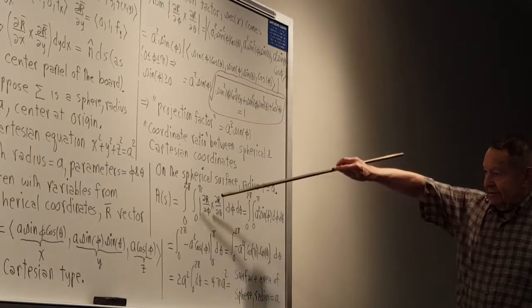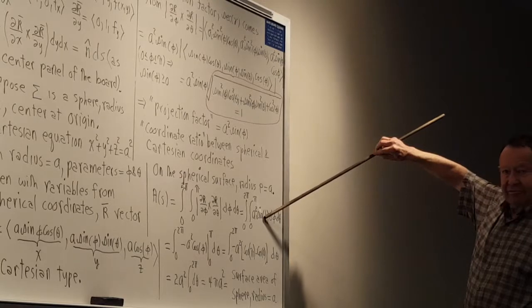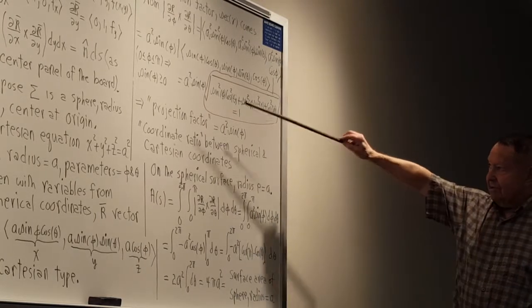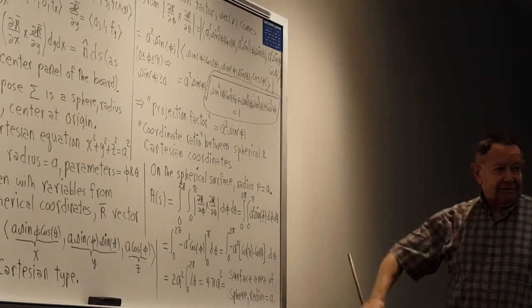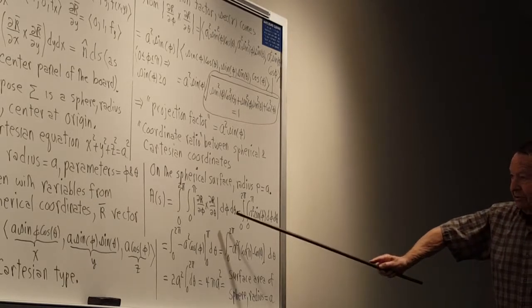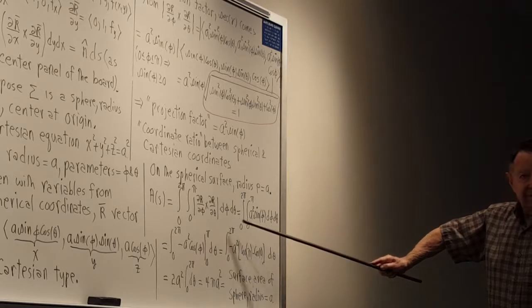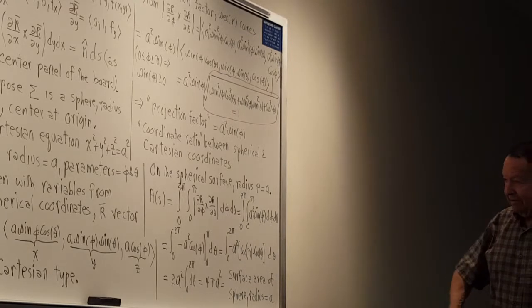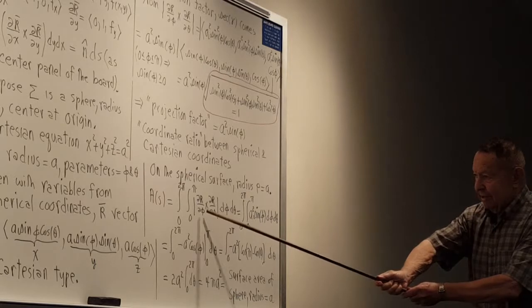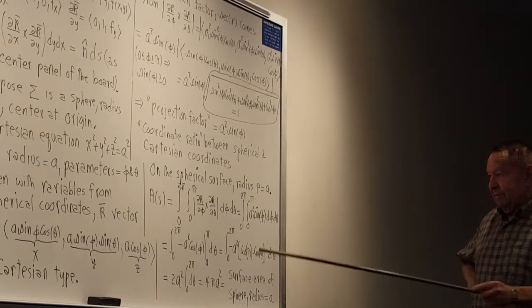And so this cross product is the a square sine phi when it's the spherical surface. And so then you're integrating with the variables that are the same ones that you've used here as your parameters.